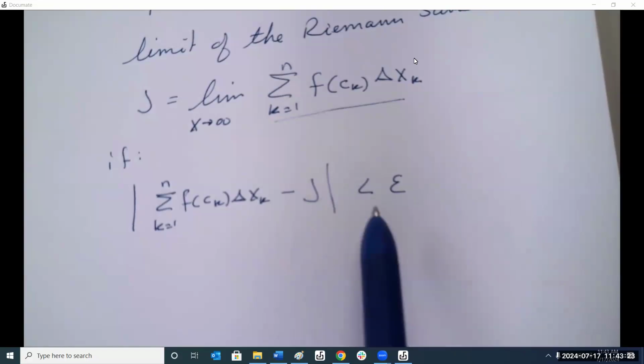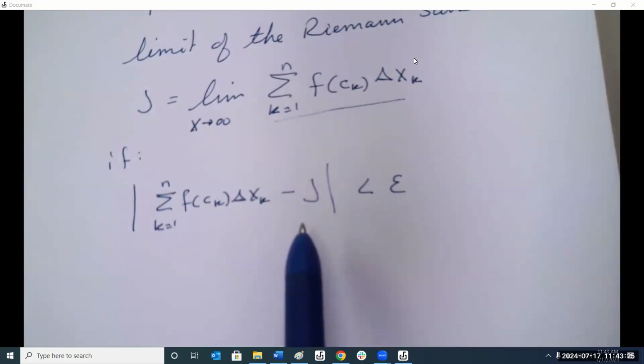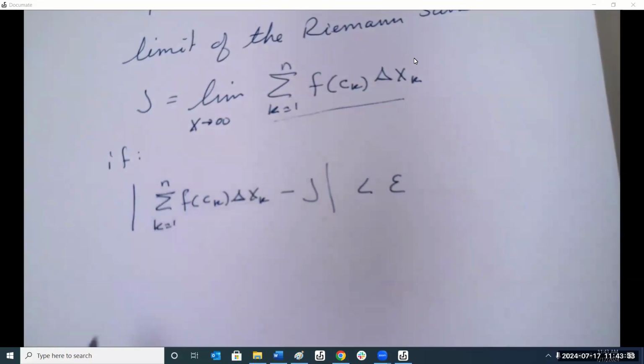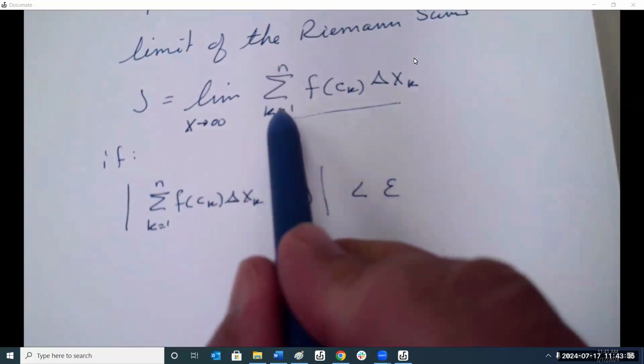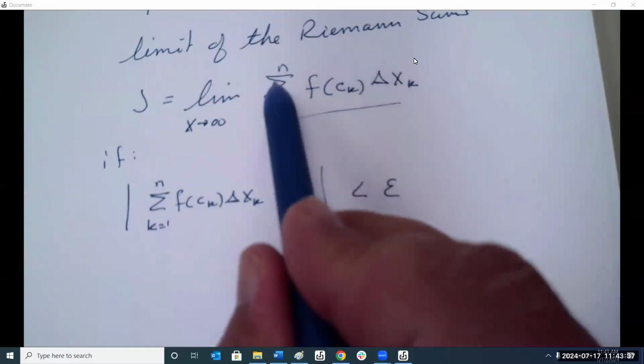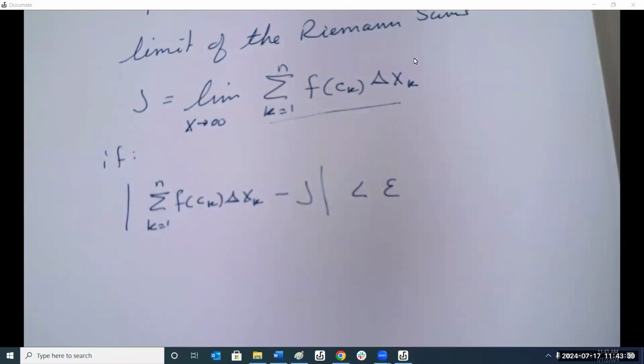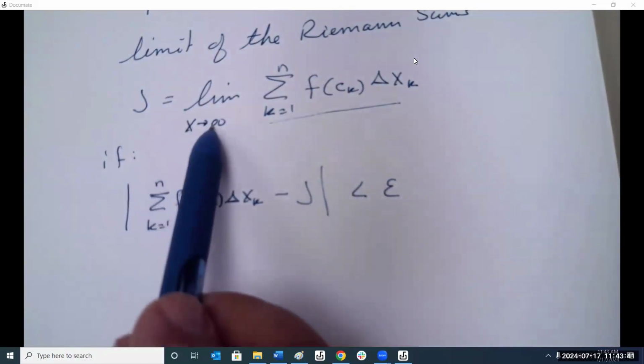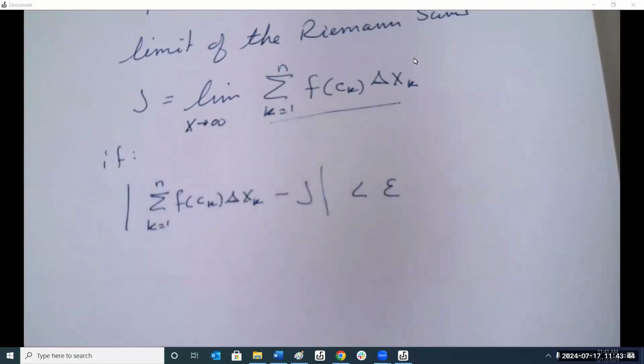As long as this is true, then we can find the area under the curve. Once you've defined n, these all become finite terms, and as n goes to infinity, we get a specific value.